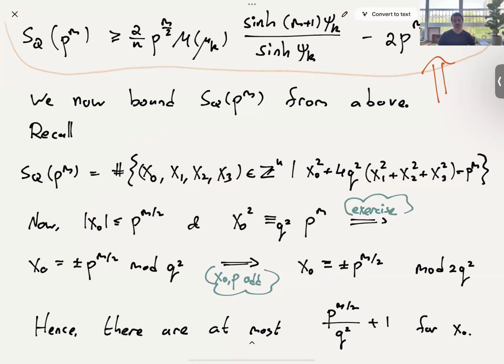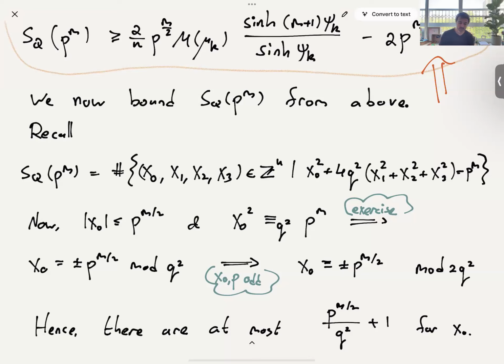So we are going to bound S_Q of P^M from above now, and that's going to be done by hand, maybe a slightly weird bound. The actual bound, the right bound with the right error term asymptotically, can be obtained using deep results, which I'll talk about. But this is the first time that we split from the original proof and just prove the expansion rather than Ramanujan.